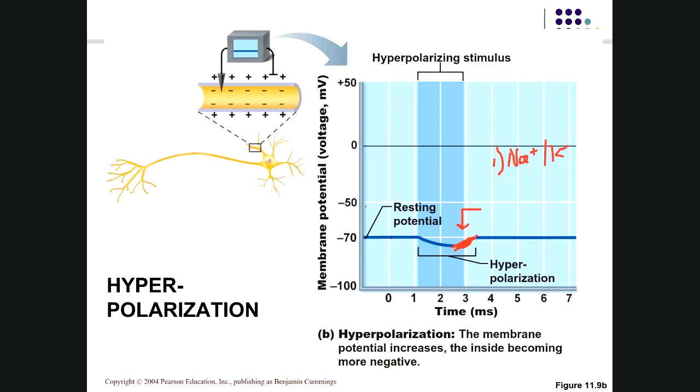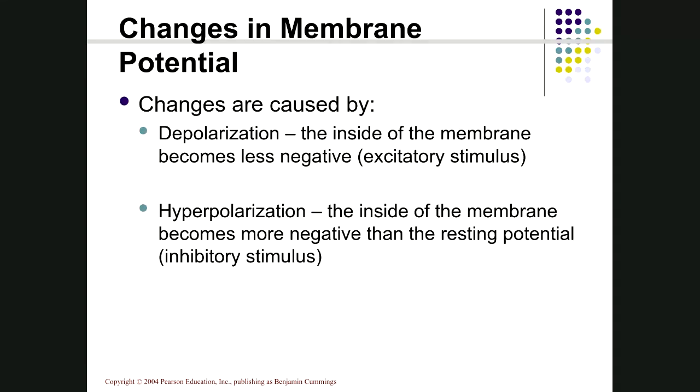The leak channels. And so the potassium is going to start getting pumped back in here again. And as I pump the potassium back in, I'm going to go back to resting potential and maintain resting potential.